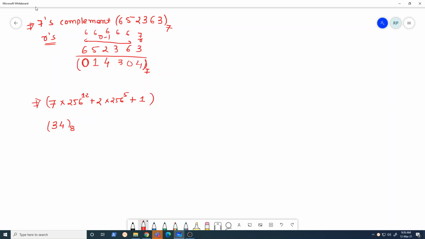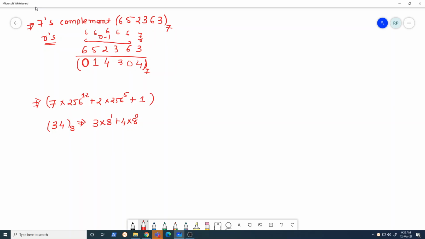Now if I need to convert this octal number into decimal, I will write it like this: 3 into 8 raised to 1 plus 4 into 8 raised to 0.